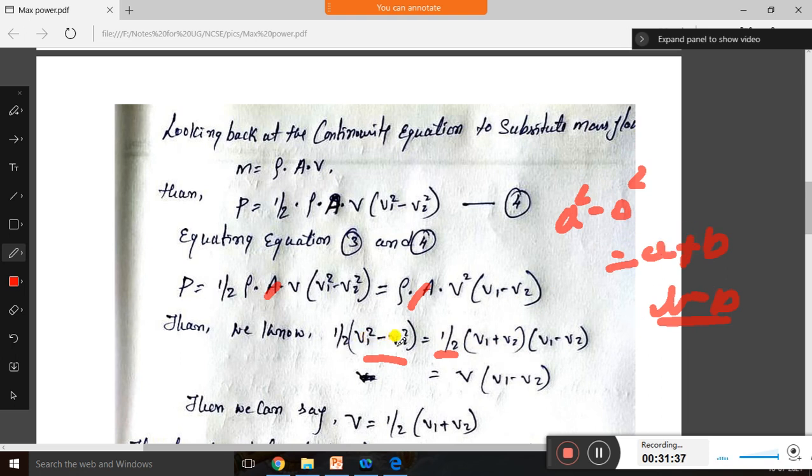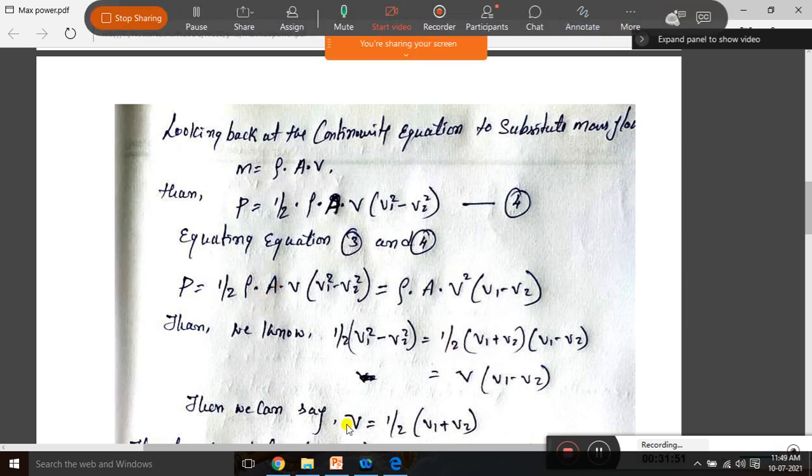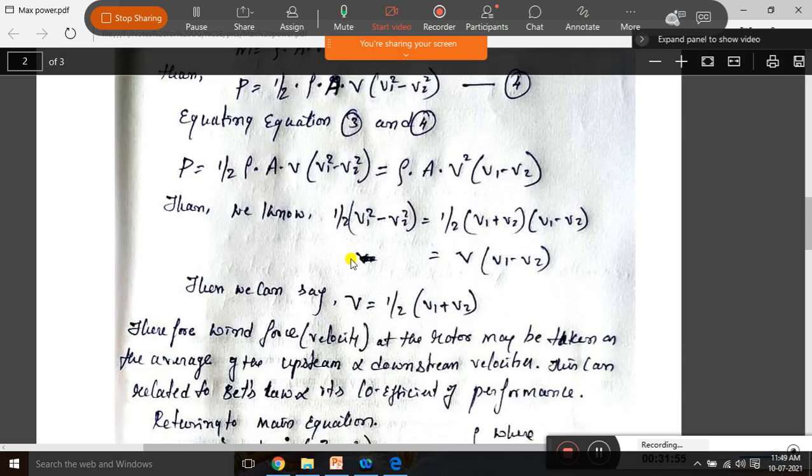So V1 squared minus V2 squared equals (V1 plus V2)(V1 minus V2), and finally we get the same thing. So the V value is V = 1/2 (V1 plus V2). It is by comparison, equating the equations.